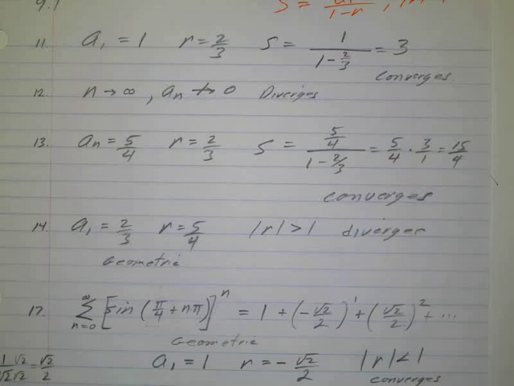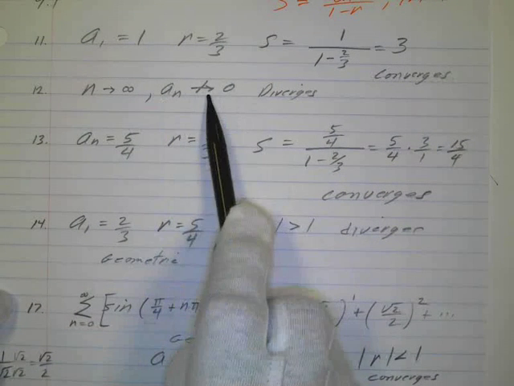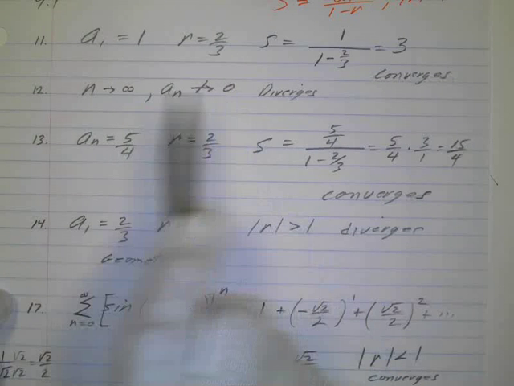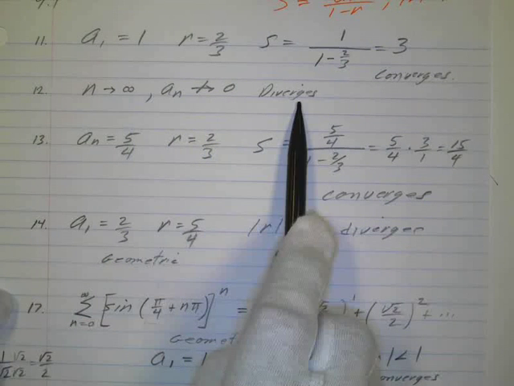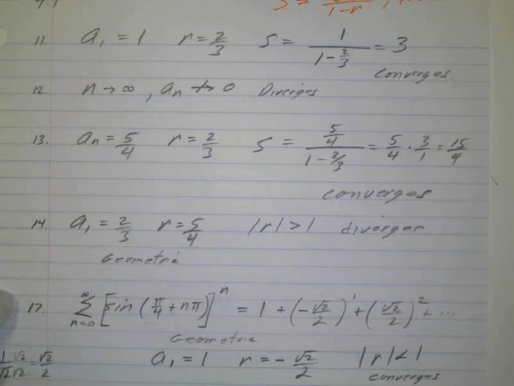On number 12, it's an alternating series, so the nth term, and they actually give you the nth term, and if you take the limit as n approaches infinity, that actually goes to infinity. But it oscillates also, so since a sub n does not approach 0 as n approaches infinity, it diverges, and that's from that little theorem we talked about.